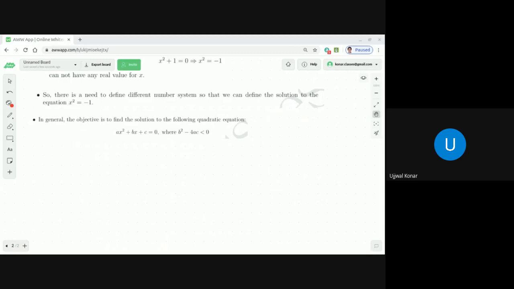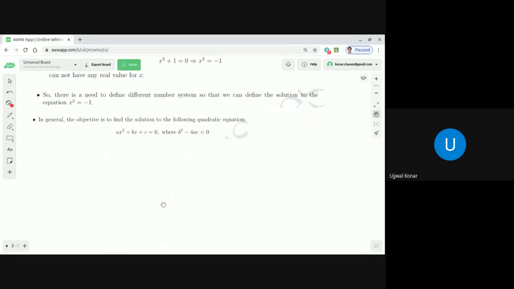What I say, dear students, is actually the justification for why we should learn or define a new number system. And for that, we define a new symbol, and that symbol is i.